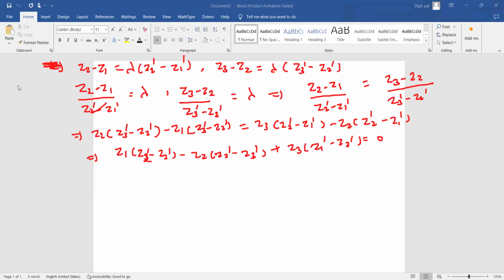Now we can write it as the determinant of Z1, Z1 dash, 1; Z2, Z2 dash, 1; Z3, Z3 dash, 1 equal to 0. And so now we move to the next.